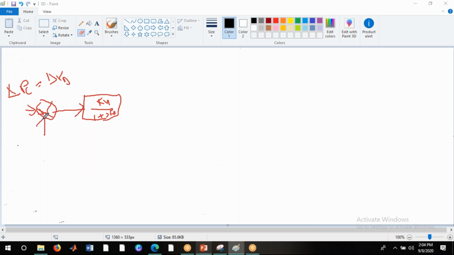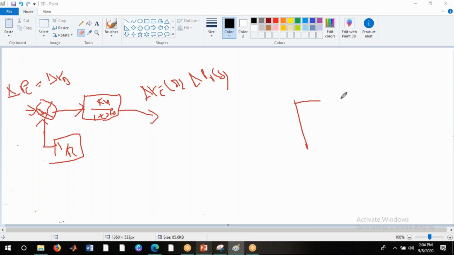There is one feedback element for regulation purpose, 1 by R, and the output of the governor is delta Xc, also called delta Pv. So this is the governor model.